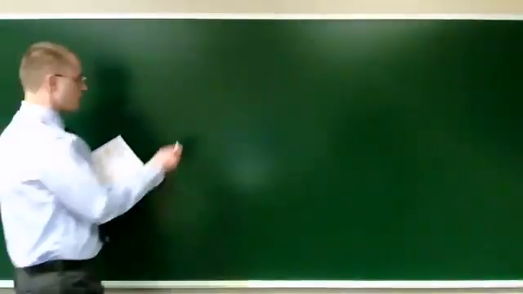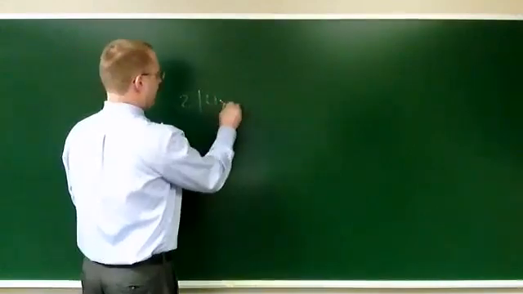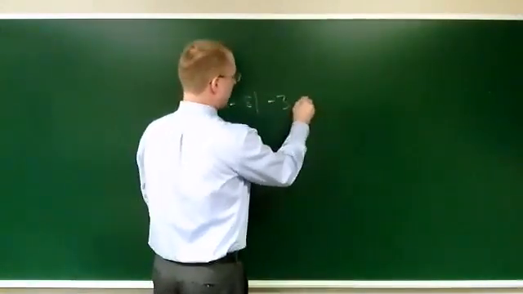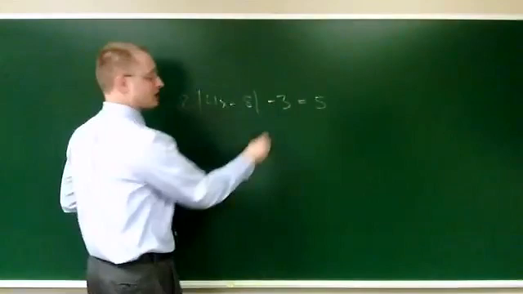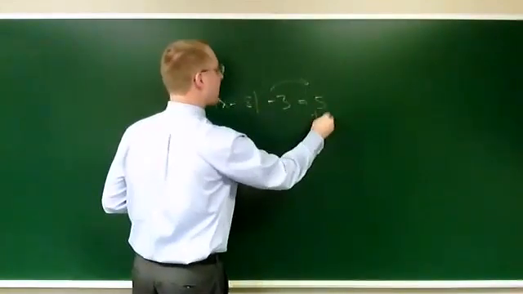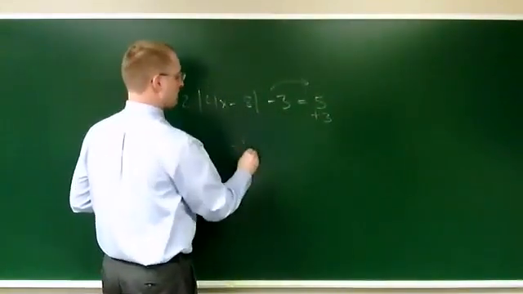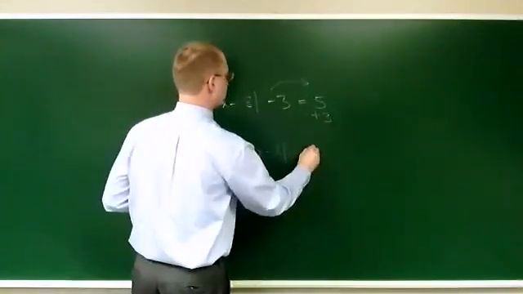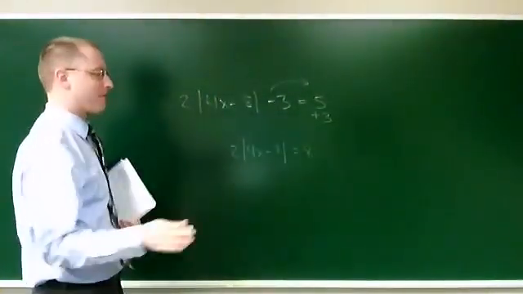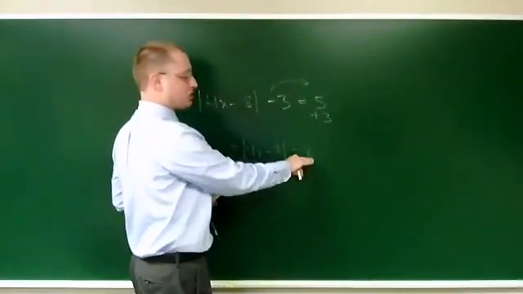Let's take a look at this real quick here. So again, we're given the absolute value. We need to get the absolute value isolated. So I'm going to move the negative 3 over as a positive 3. That'll give me 2 times the absolute value of 4x minus 8 is equal to 8. Did you do that initial step, Gavin, or did you perhaps subtract the 3 and get a 2 right here?